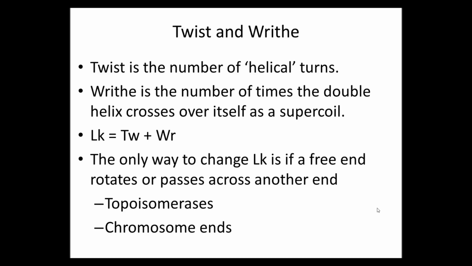The only way to change linking number is if a free end rotates or passes across another end. This could be a single strand break, or a double strand break, or a chromosome end that wraps around or turns. Generally, changing linking number is accomplished by topoisomerases. It generally isn't accomplished by chromosome ends turning.